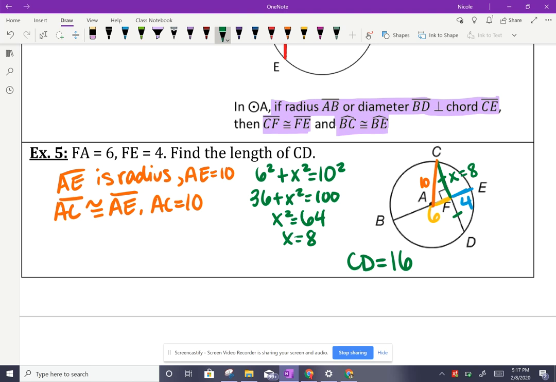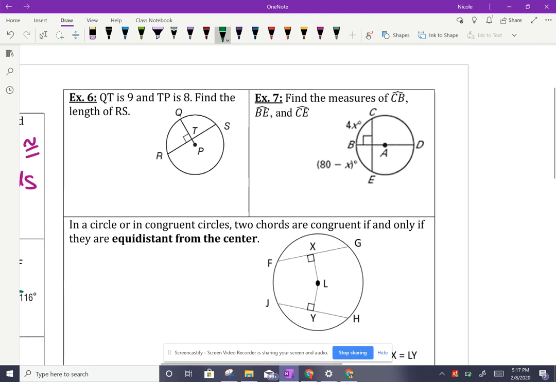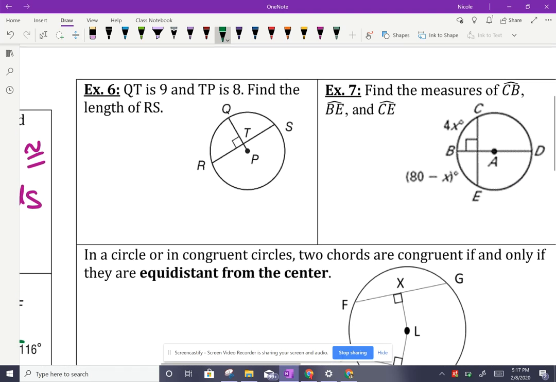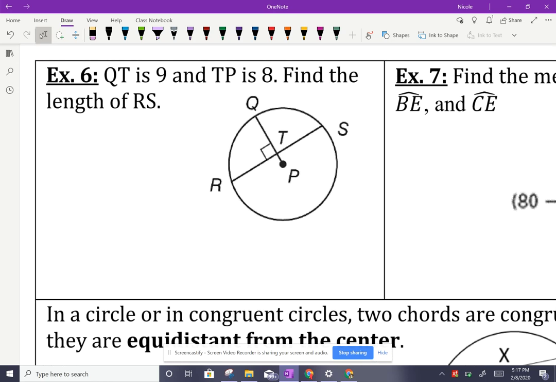Let's try another one. Let's jump up to the top of this screen. So remember, you can always create another right triangle by creating another radius. All right, so for example 6, I have QT, which is this point right here. So it's not quite the radius. QT is 9.